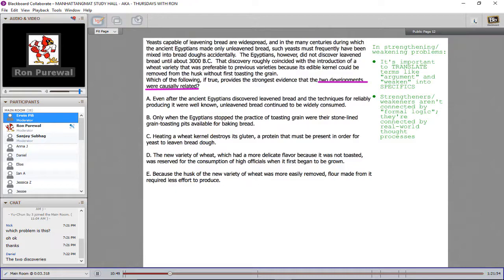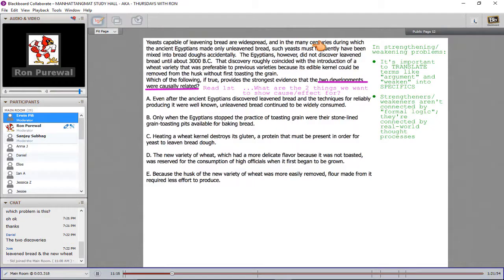So we want to show cause and effect between two things. Now we have to find those two things. What are the two things we want to show cause and effect for? So you go to the passage and figure that out, right?